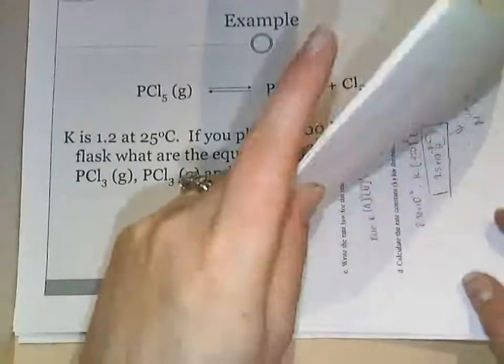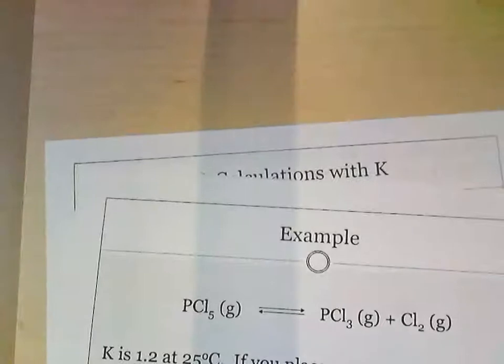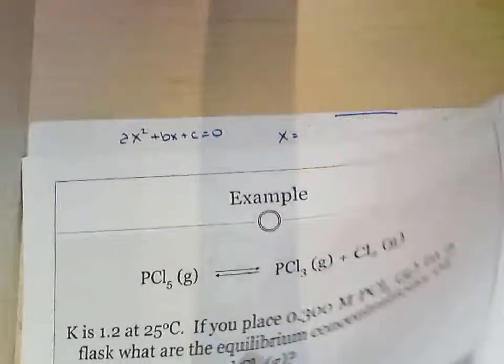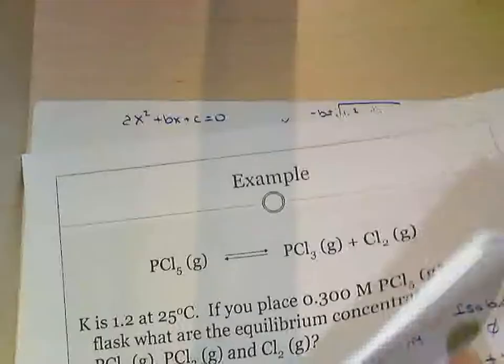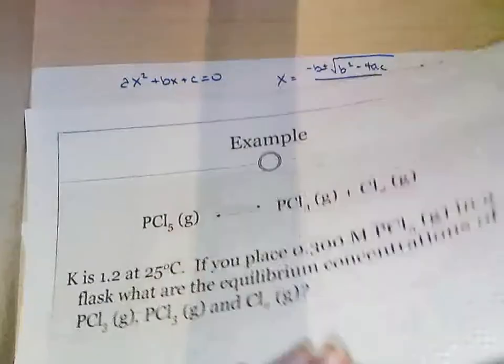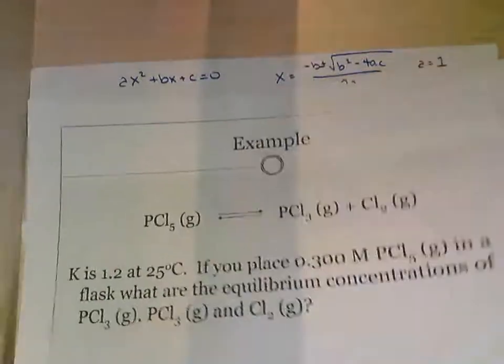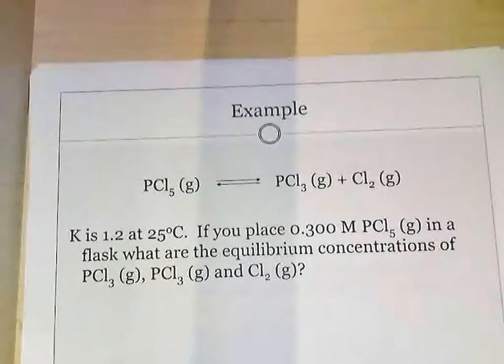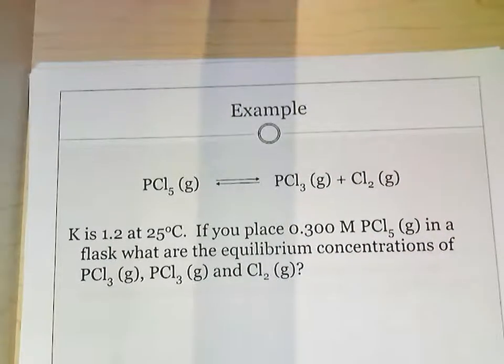All right, so the first thing we need to do is set up our ICE chart. So we get a piece of paper that I haven't already written on. Here we go. Okay, so here we have our ICE chart.